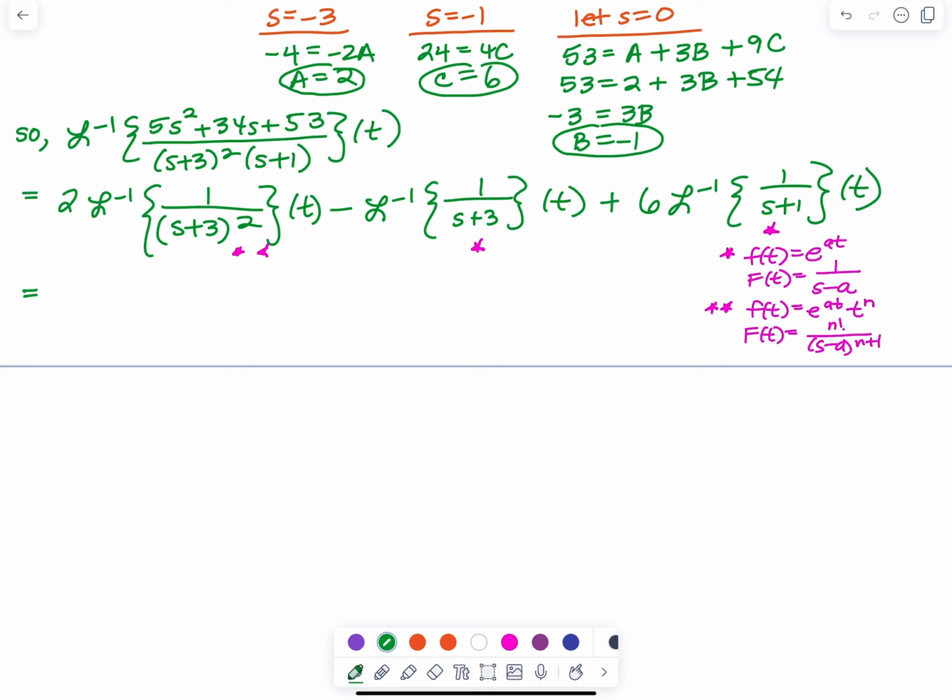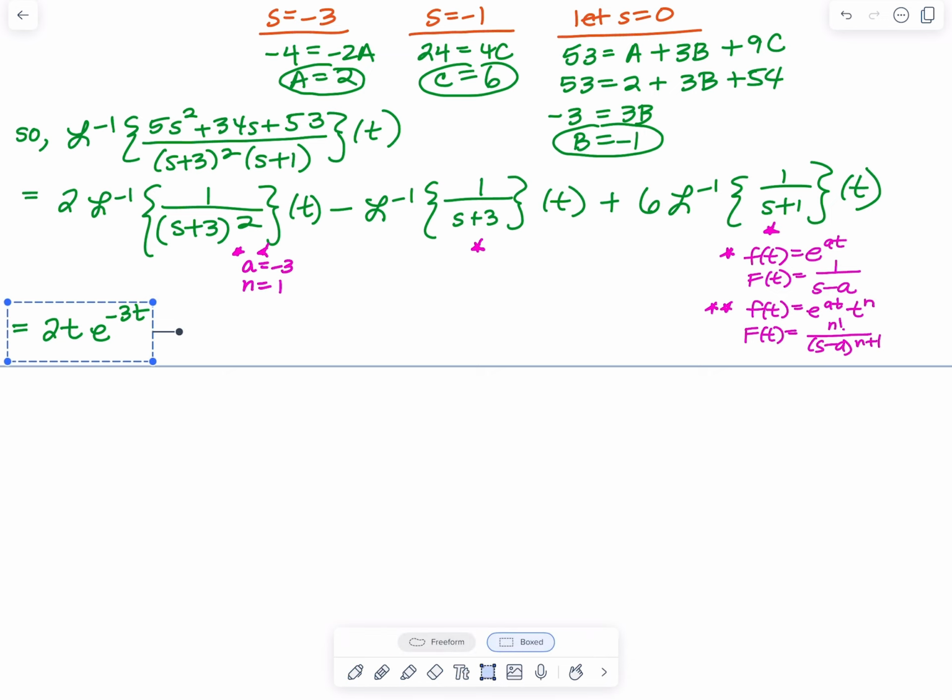So we can see here that we have 2 multiplied by t to the first power, e to the negative 3t, since we have that a is equal to negative 3, and here we have that n is equal to 1. For our next one, we have minus e to the negative 3t.